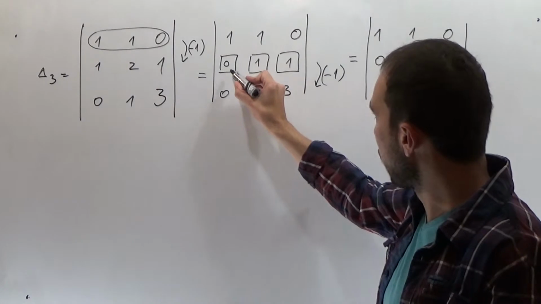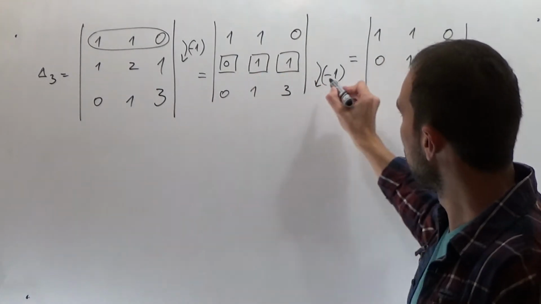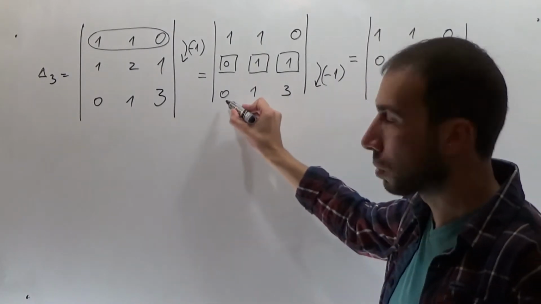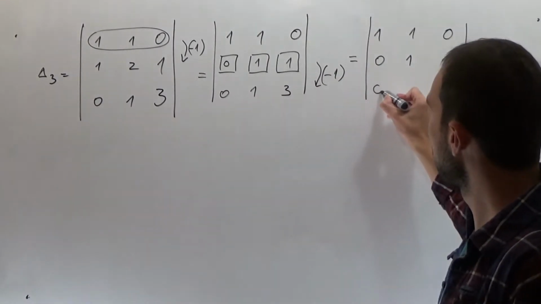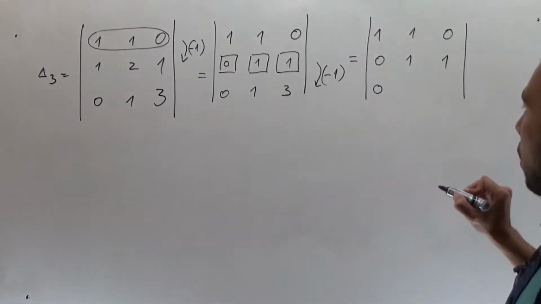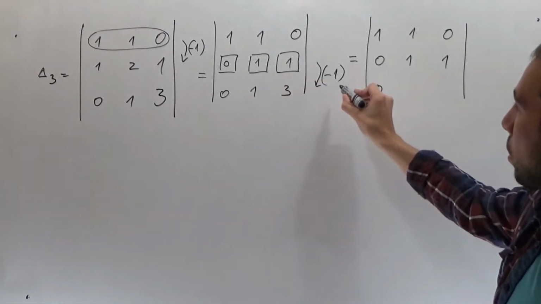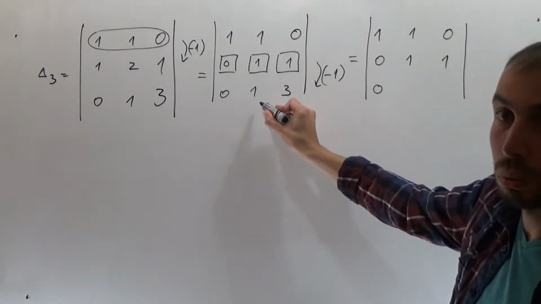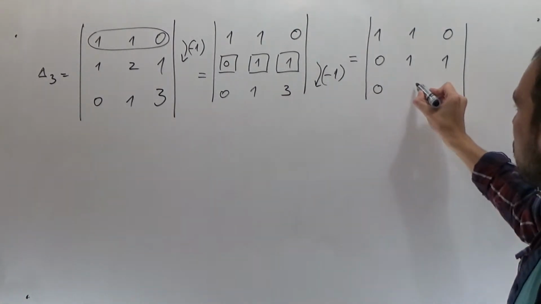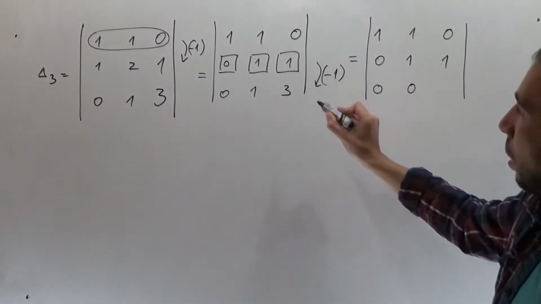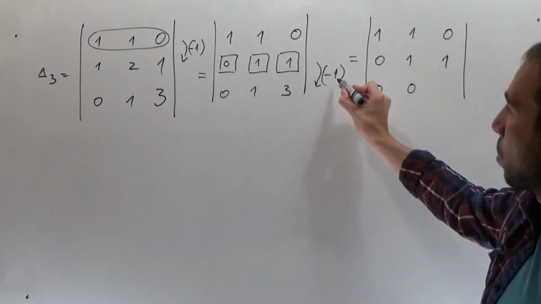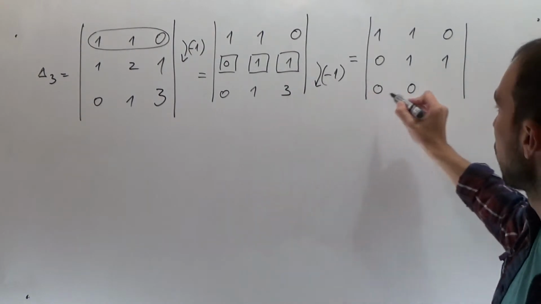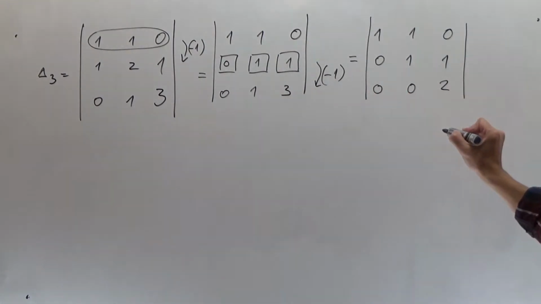Now I have to multiply 0 by -1, which is 0, plus 0, which is 0. 1 multiplied by -1, which is -1, plus 1, which is 0. 1 multiplied by -1, which is -1, plus 3 is 2.